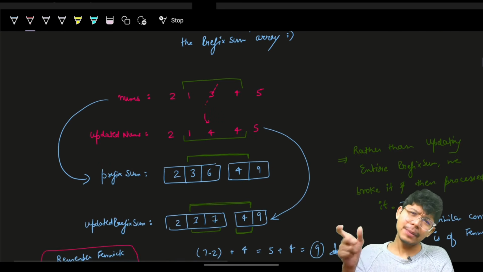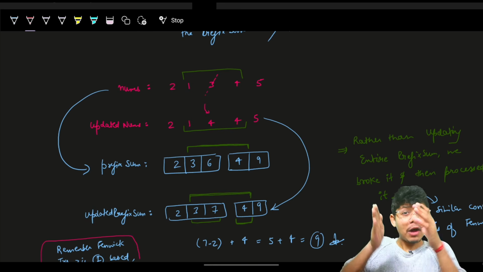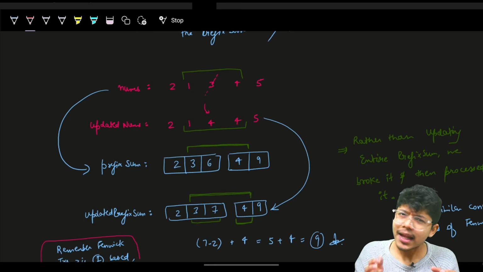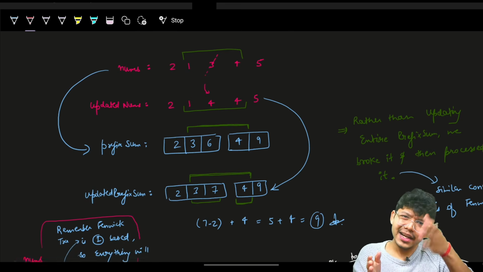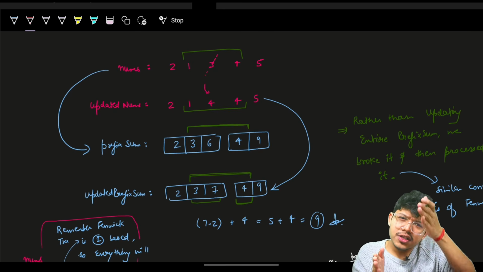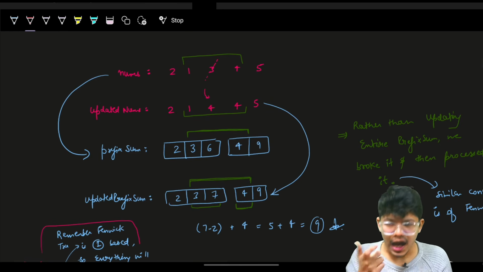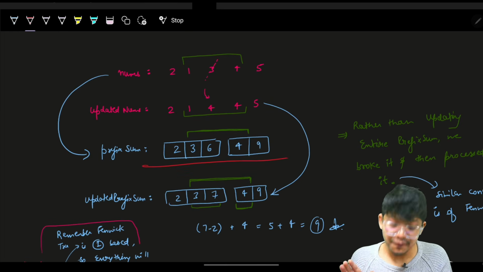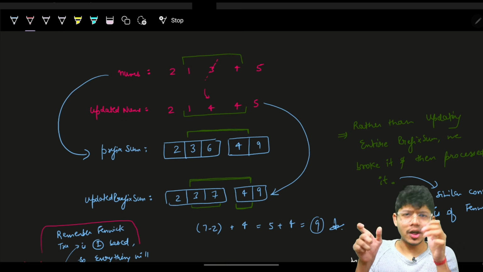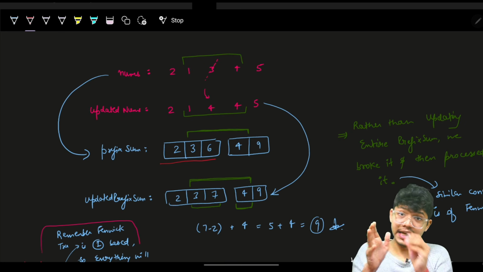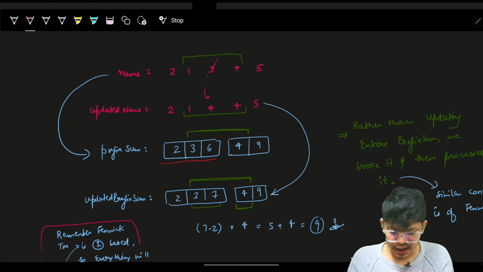So for that, people thought, I have to apply on the entire range again. Rather, can I bifurcate the range, which means can I have a division in the range? So earlier, rather than having the entire prefix sum, I will just break it down. I will have a prefix sum of 3 elements and then a prefix sum of the other 2 elements.